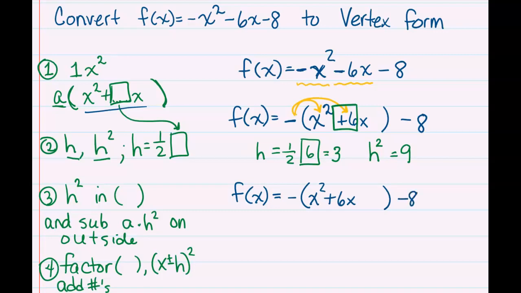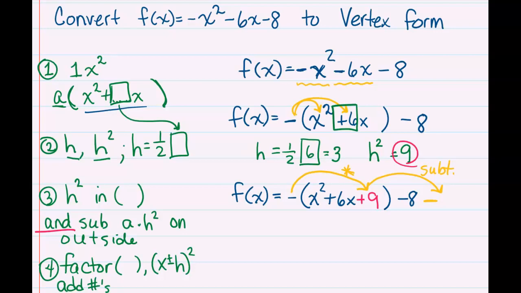Now I'm going to add that h squared. So that's going to be plus 9 inside the parentheses. And I need to subtract. But what I'm going to do is I'm going to multiply this a value times this 9. I'm going to multiply. And then I'm going to put it out here with the subtraction. So remember, you want to subtract.